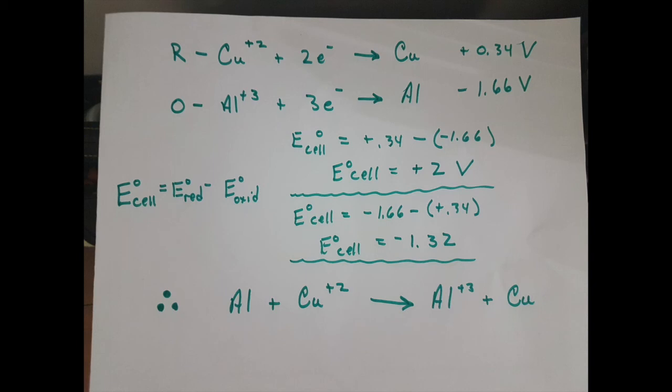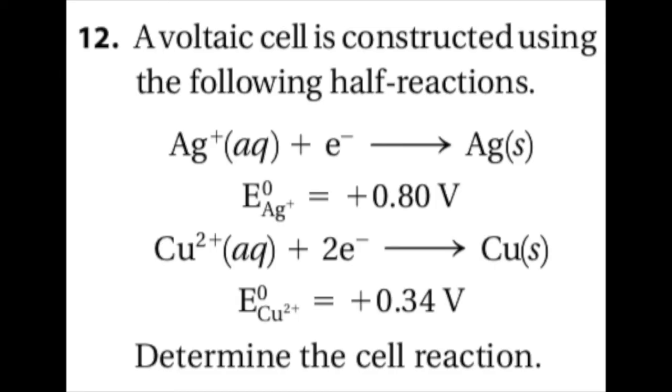Let's do the next one in our head, see what we come up with. Now, I didn't do this out on paper, so let's look. They're both reduction reactions. Silver plus 1 to silver, right? That's a reduction reaction. Copper plus 2 to copper, that's also a reduction reaction. So you have positive 0.8 for the silver plus 1 to silver, and then you have copper plus 2 to copper as the next. Okay, so what is it going to be?